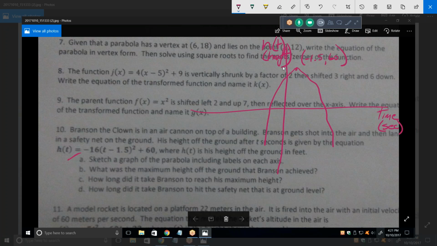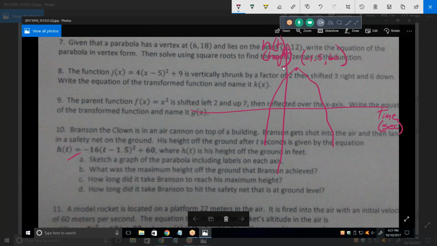What's the maximum height off the ground that this clown achieved? So 1.5 comma 60, right? Or maximum height. Which axis is the height? 60 feet.